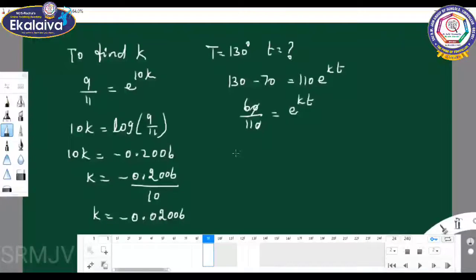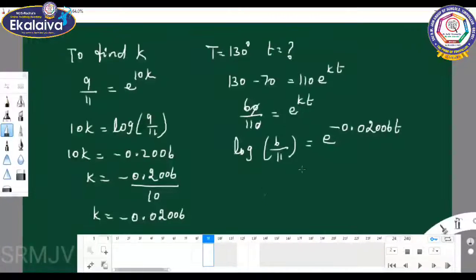Log of 6 by 11 equal to kt, where the k value is minus 0.02006.